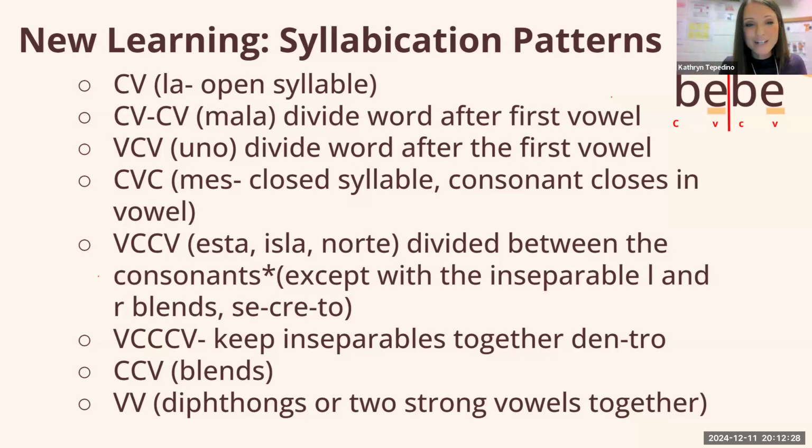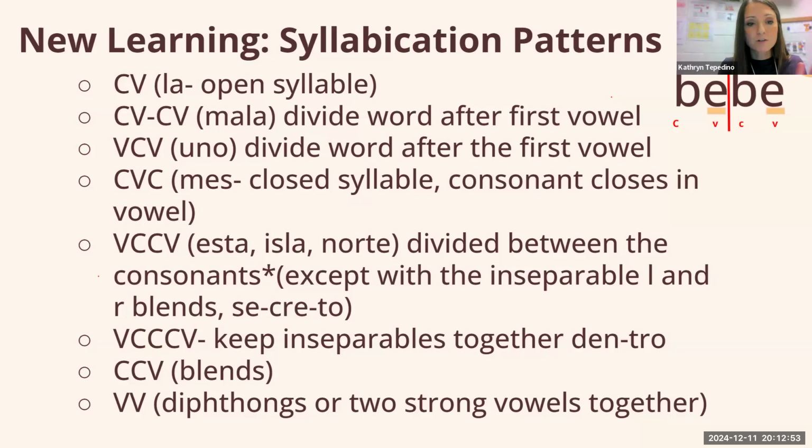Then from there, we're going to go to vowel, consonant, consonant, vowel, because now we have a closed syllable and an open syllable. So now we have like esta, isla, norte. So all those closed syllables come first. The vowel consonant comes first.